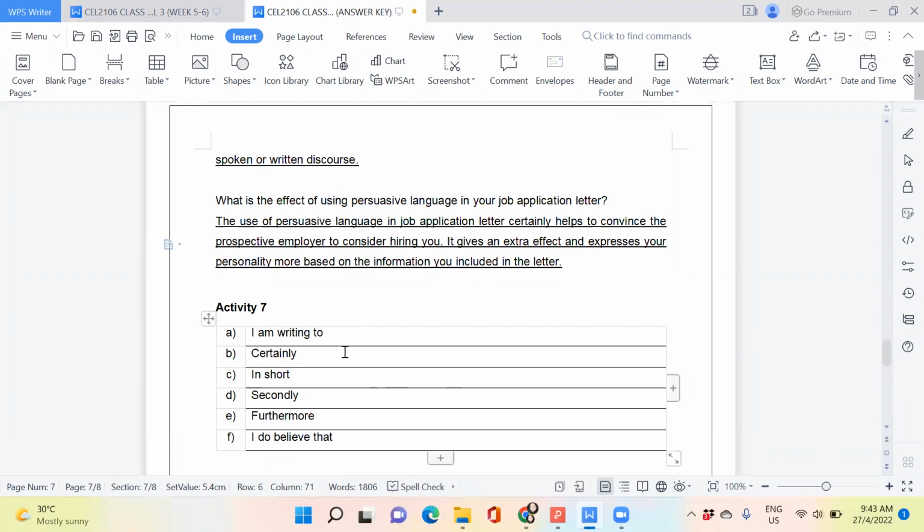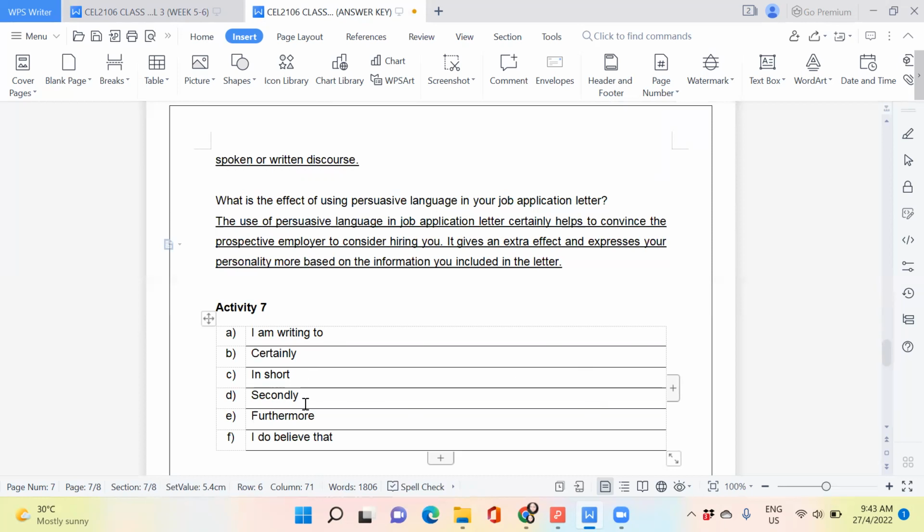That is how you write your letter. Or you can say, certainly my previous work experience in the particular field has helped me a lot to become a better person. So itu cara dia tulis, nak tulis, alright?